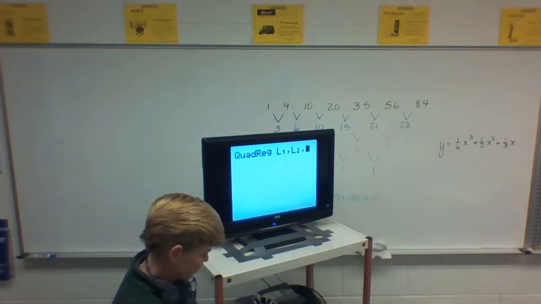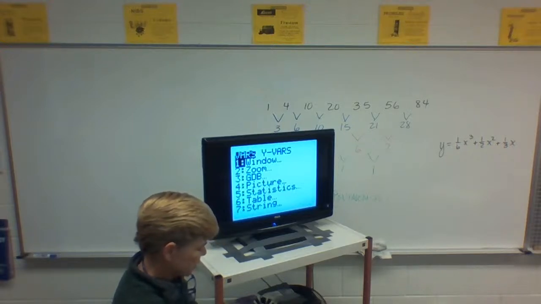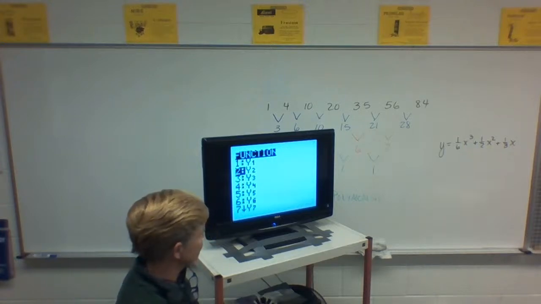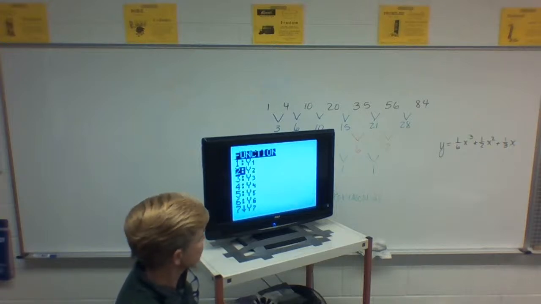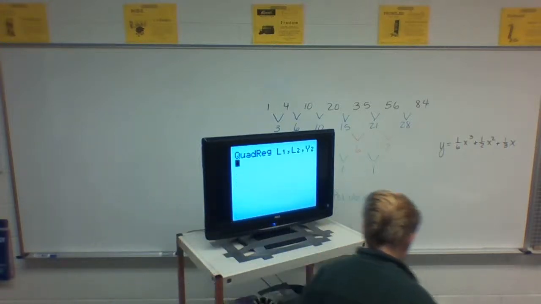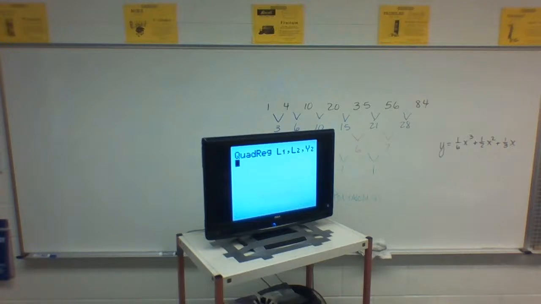Then you go vars, and then y vars, and then function. And when you get to this list, choose Y2 instead. You choose function. And then it goes Y2 and it stores. Yeah, so right after function, if you choose it.